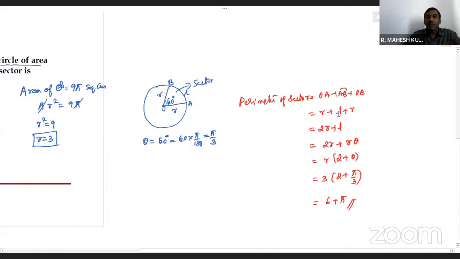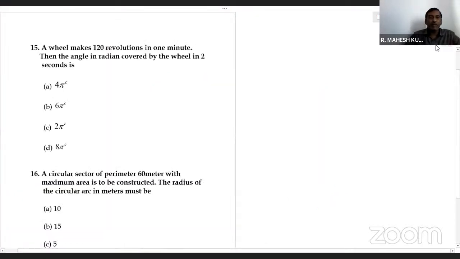The length of the arc AB is L, which is R theta. That is a formula. So now 2R plus R theta, you get R into 2 plus theta. So 3 into 2 plus theta, and theta we already know in radian is pi by 3. If you simplify that, you get 6 divided by pi. That is going to be the correct answer for this question.